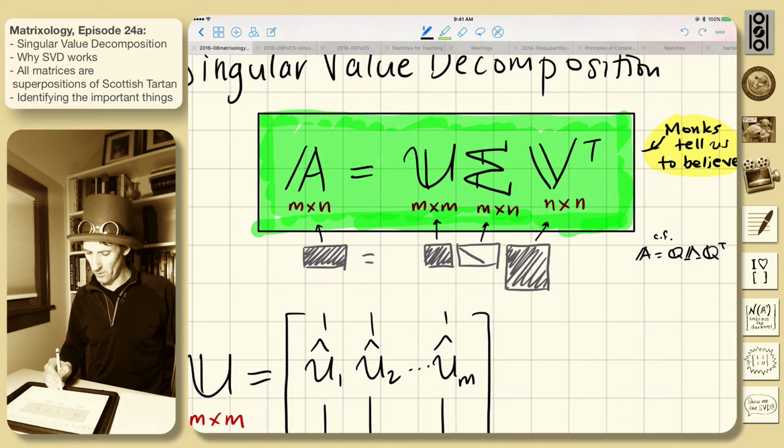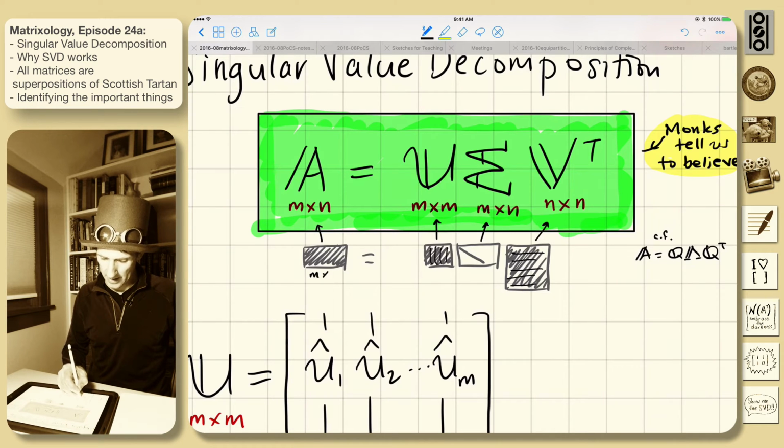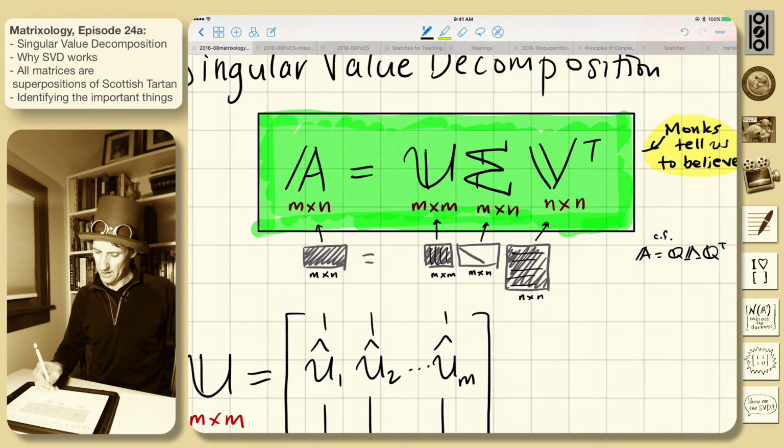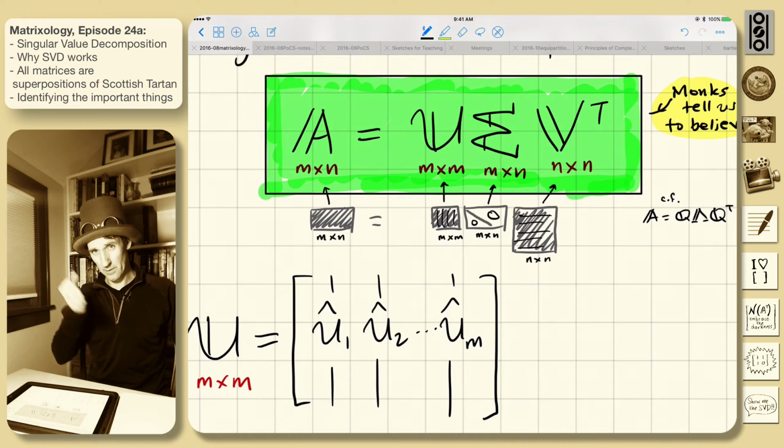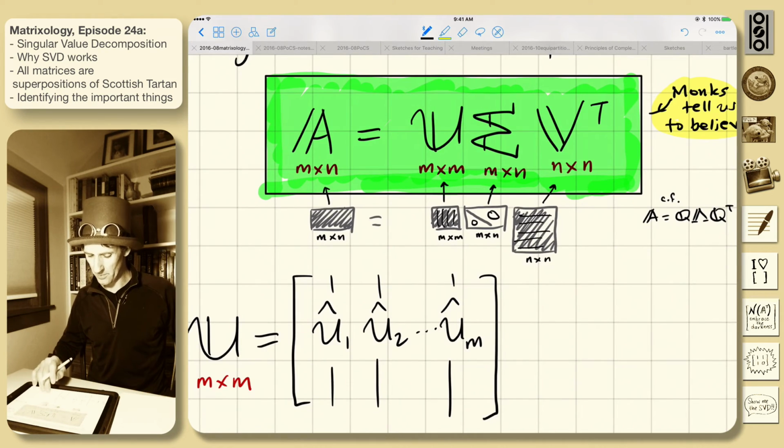These are full of things. Again, this is m by n. So these two on the end are square, they're going to be quite different shapes, and the one in the middle is m by n. It's all zeros, except potentially for this line here in the middle. So it is the main diagonal, but now we're in a rectangular matrix.